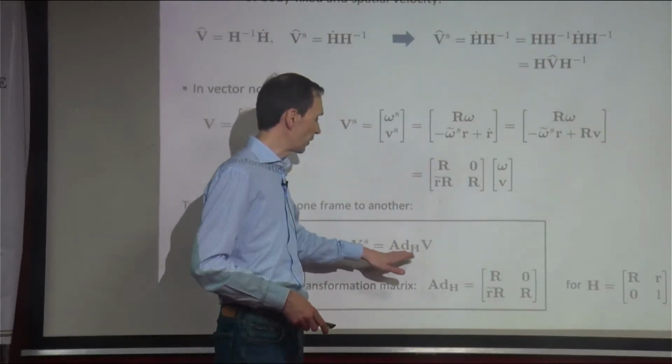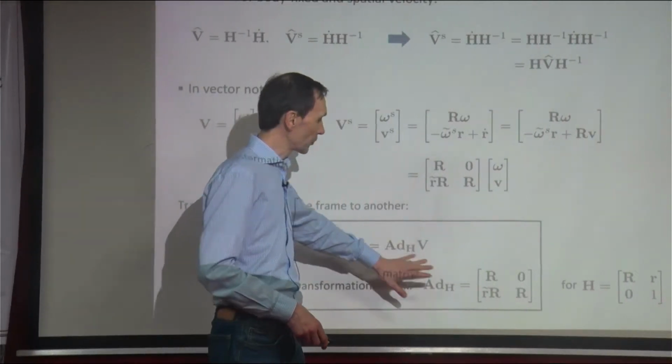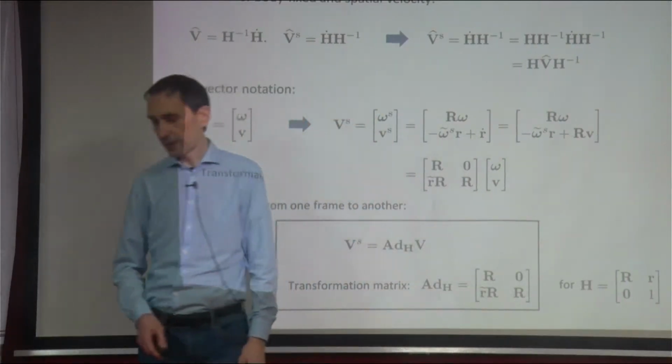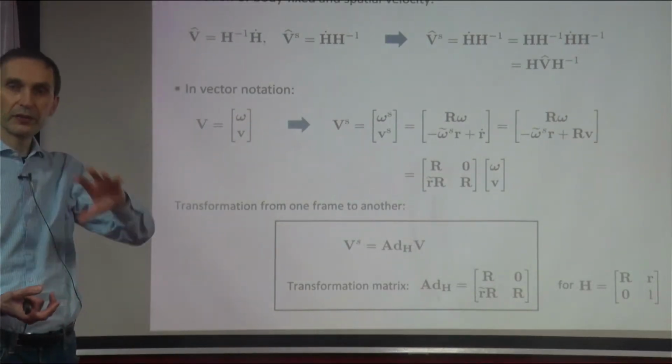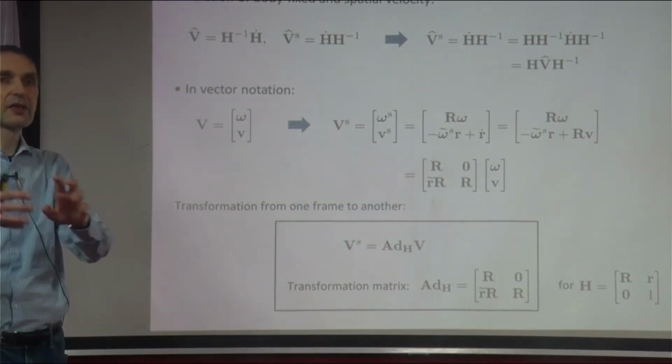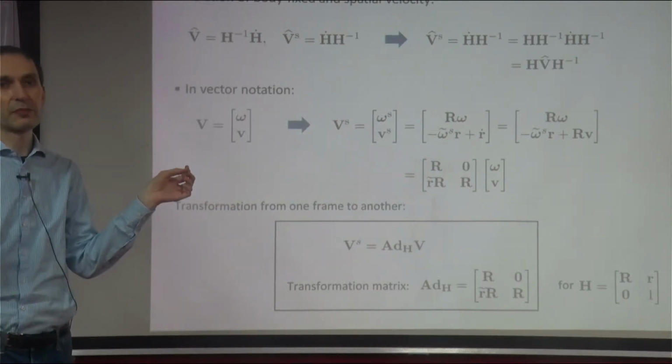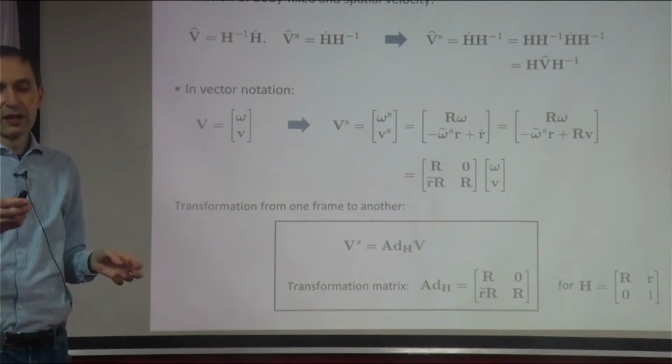It's just a name. Anyway, it is used to transform twists. That is the message, okay? That's important because once you have a twist, omega and v, at one frame, you can easily get it in another frame if you have the transformation between the two frames.